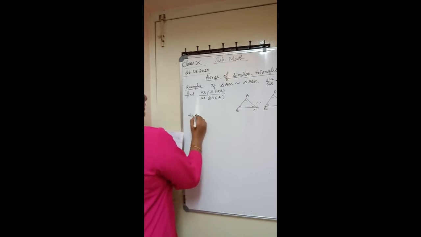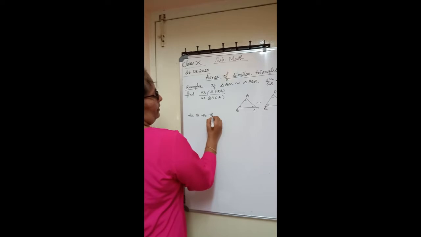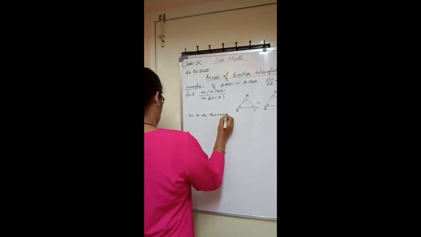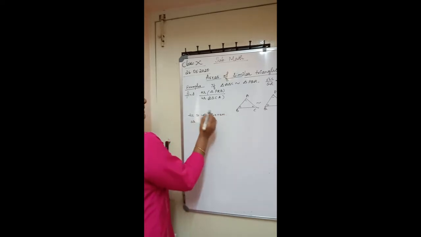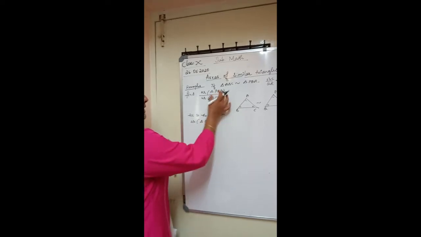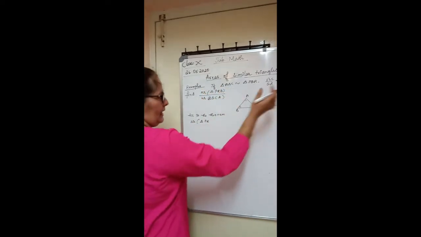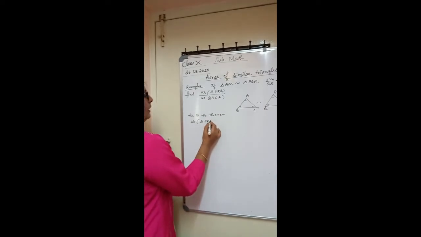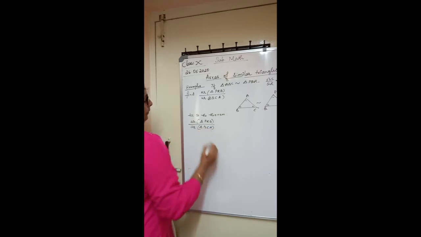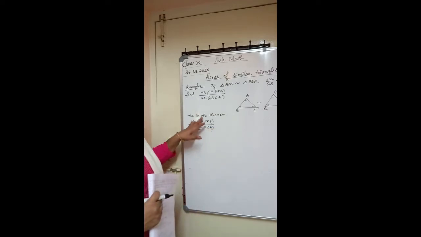Therefore, according to the theorem, the ratio of the areas of similar triangles, that is PRQ. See here, first PRQ, so I will take this triangle first: area of triangle PRQ divided by area of triangle BCA. Here there is no need to write in order.